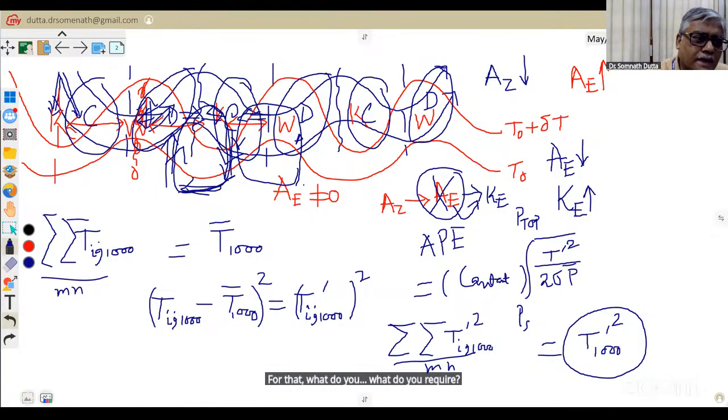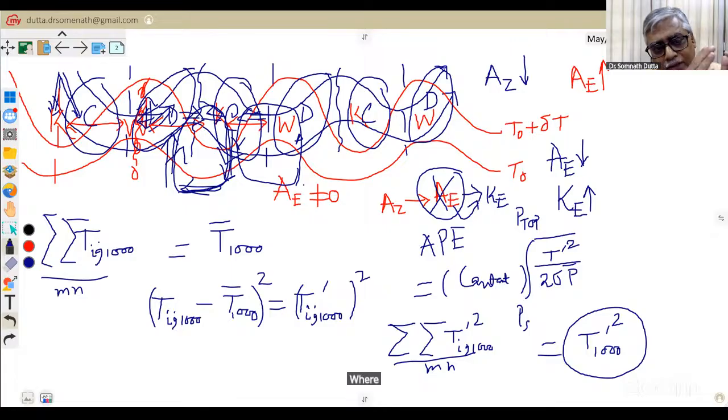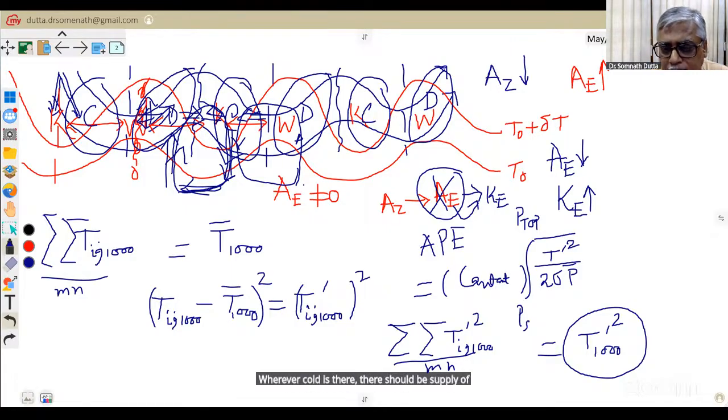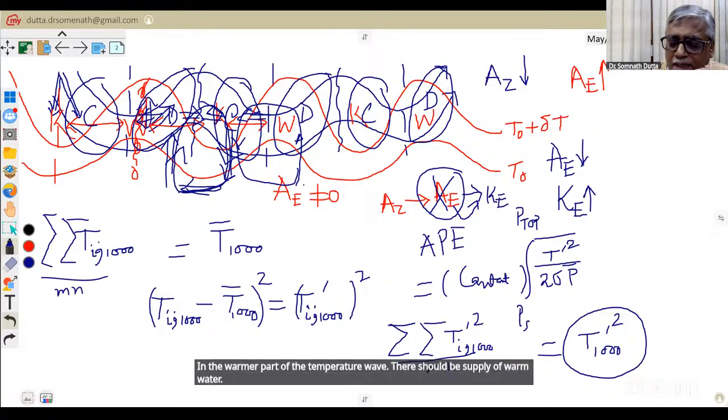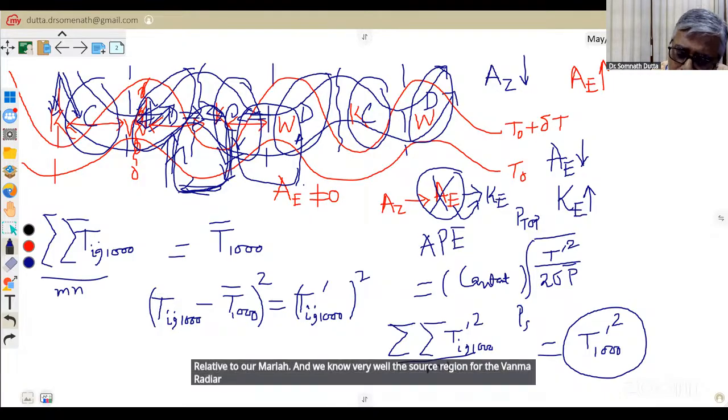You require that in the temperature wave part, wherever cold is there, there should be supply of cold air, and in the warmer part of the temperature wave, there should be supply of relatively warmer air. And we know very well the source region for the warmer air is over the equator, southern latitude, and the source region for the colder air is to the north, in the northern latitude.